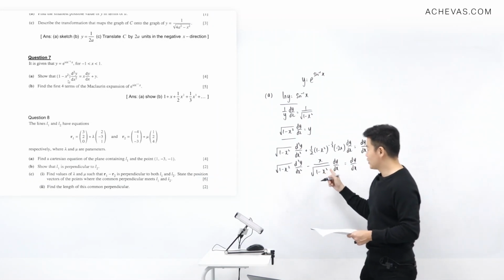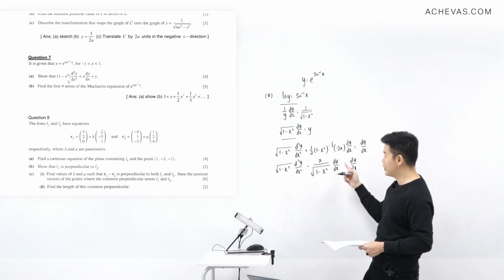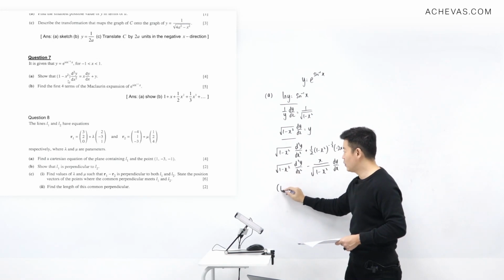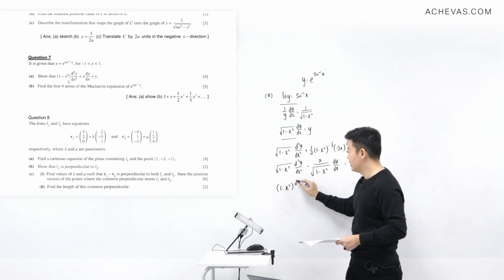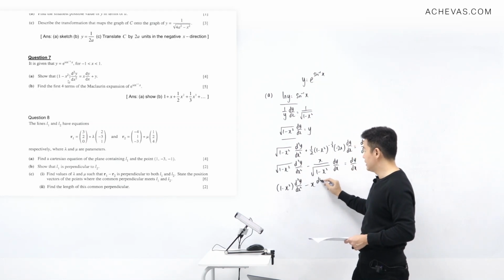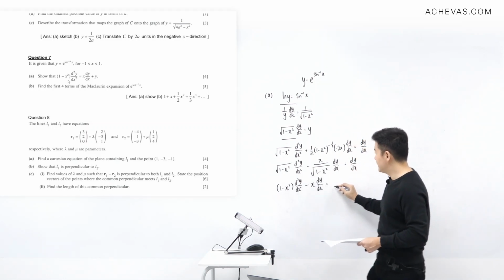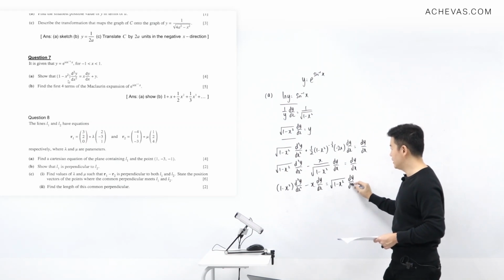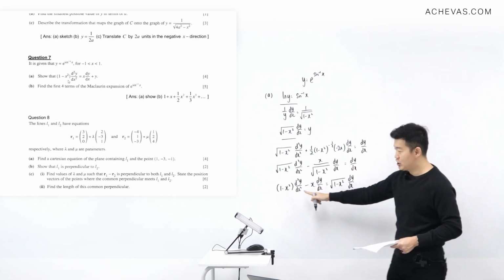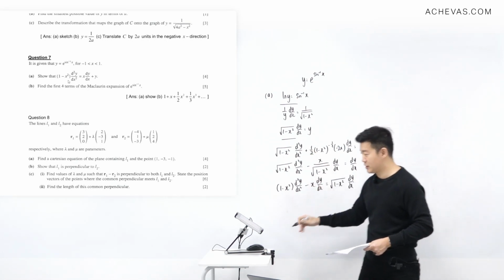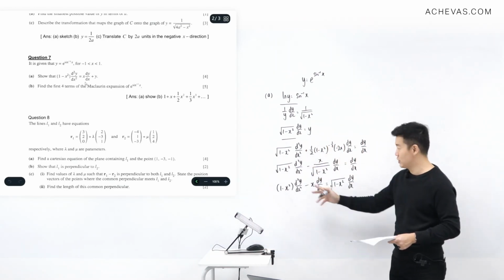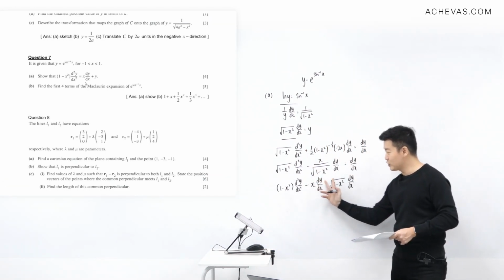Multiplying this equation throughout by square root of 1 minus x squared will give me (1 minus x squared) d squared y dx squared minus x dy dx is equal to square root of 1 minus x squared dy dx. So we have achieved this, because this is what the question wants me to show. And we actually have this x dy dx, which is obtained the moment I bring this over to the right-hand side.